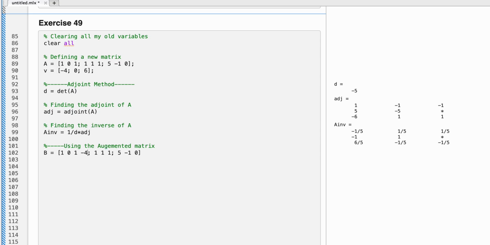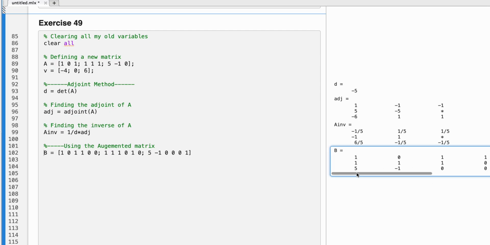So that's going to be negative 4, 0, 6. But that's not, sorry, I made a mistake. It's not equal to the number. It's going to be equal to an identity matrix of the same size. So this is going to be 0, 1, 0. And this is going to be 0, 0, 1.